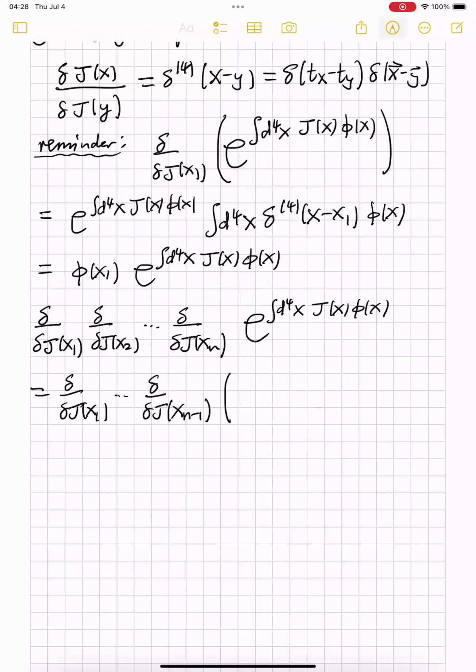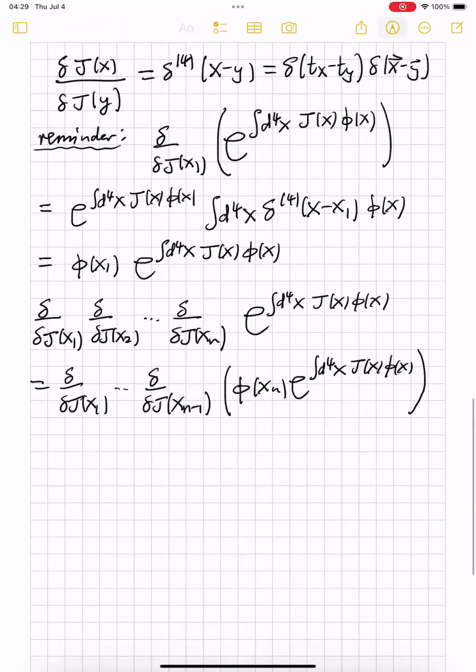Well, from the example that we've just calculated, we know that that functional derivative acting on the exponential will give us phi of xn multiplied by the exponential again. Integral d4x j of x phi of x. Now, phi is a constant as far as derivatives with respect to j goes. So when we come to calculate the derivative with respect to j of xn minus 1, it'll slip straight past the phi and simply act on the exponential.